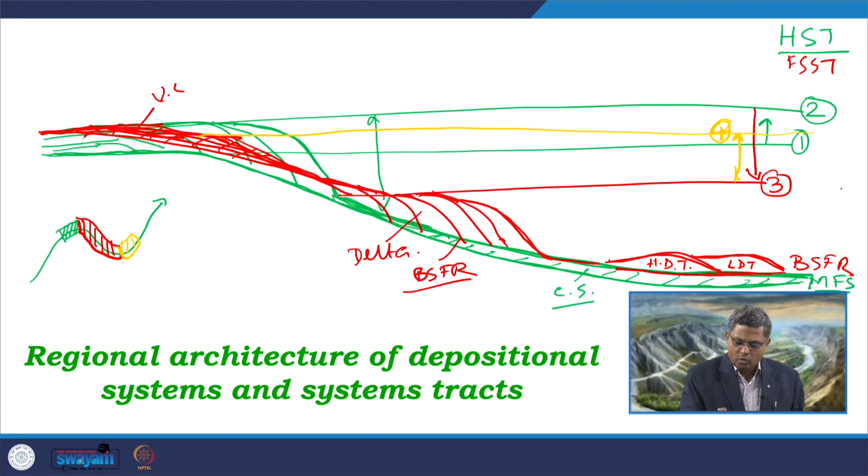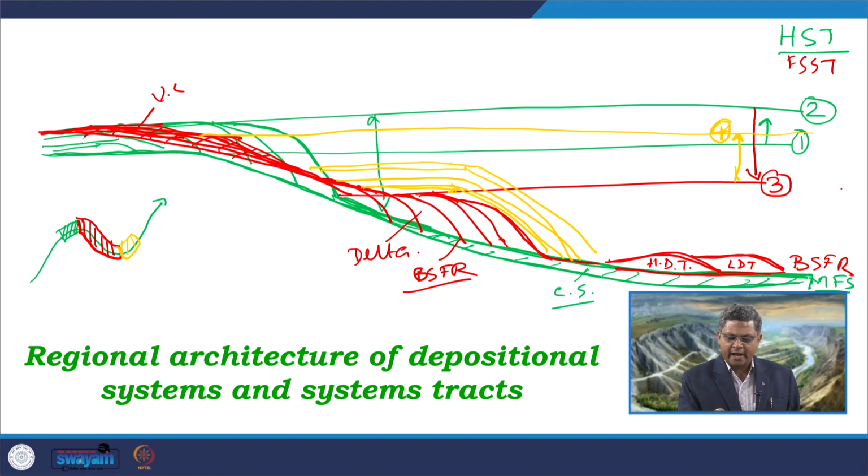So if it is starting from this level, the next fluvial system will be here, as well as it will produce a delta system over here. So we will get the clinoforms prograding and aggrading. The next fluvial system will be prograding as well as aggrading. The prograding clinoforms will be like this and it will go on like this.